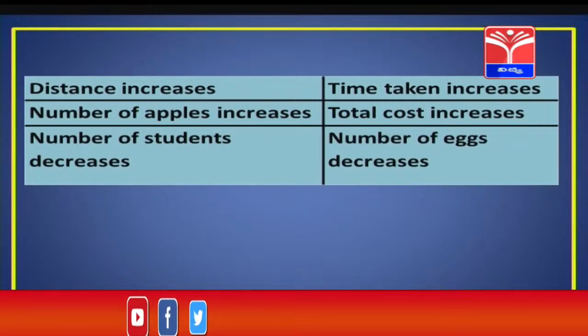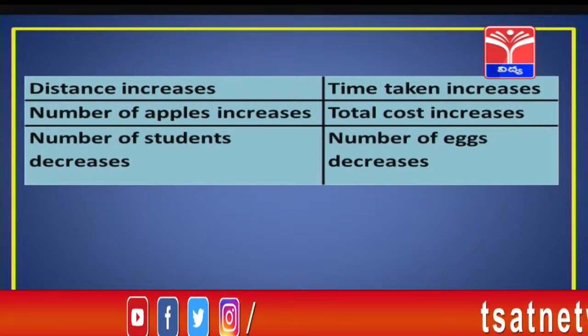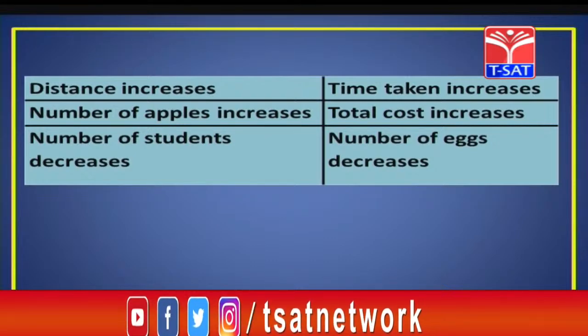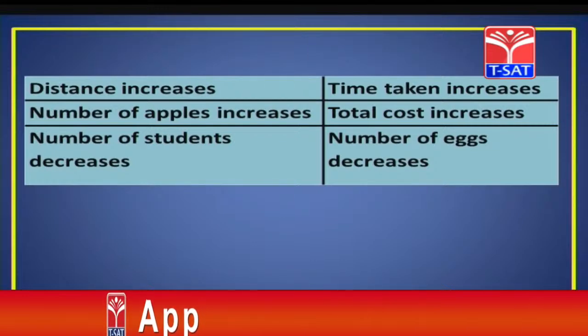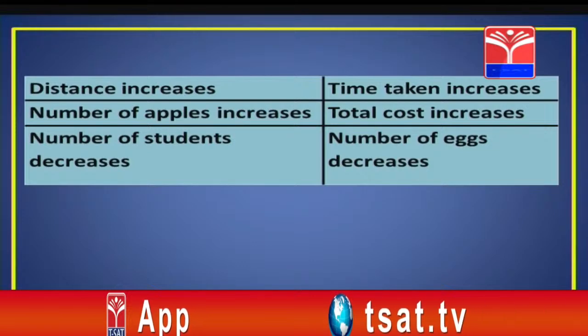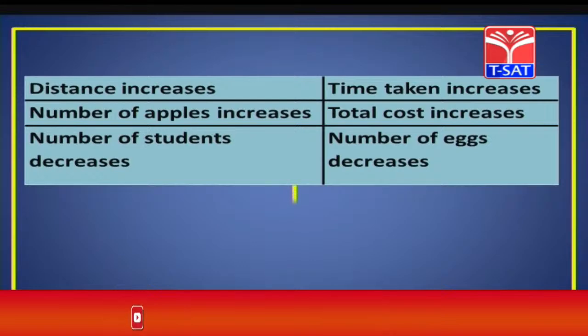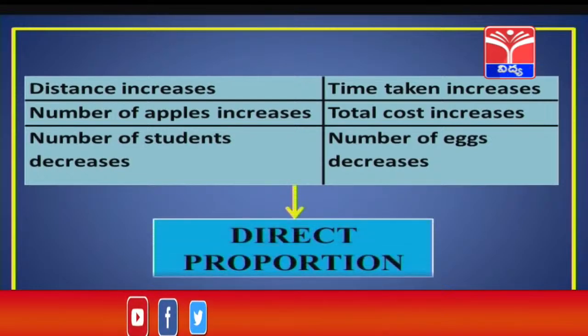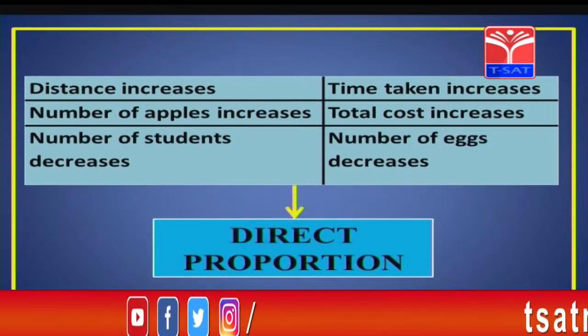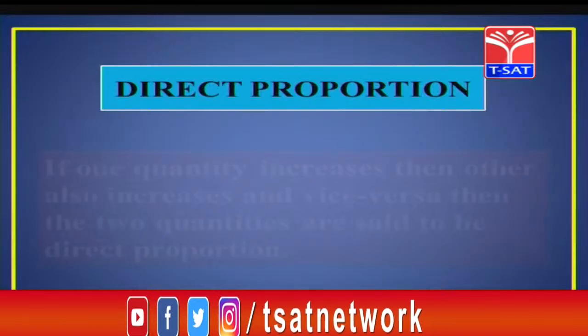So, as the distance increases, the time taken also increases; as the number of apples purchased increases, the total cost also increases; and as the number of students decreases, the number of eggs also decreases. These are all examples of direct proportion. Now, let us see what direct proportion is.